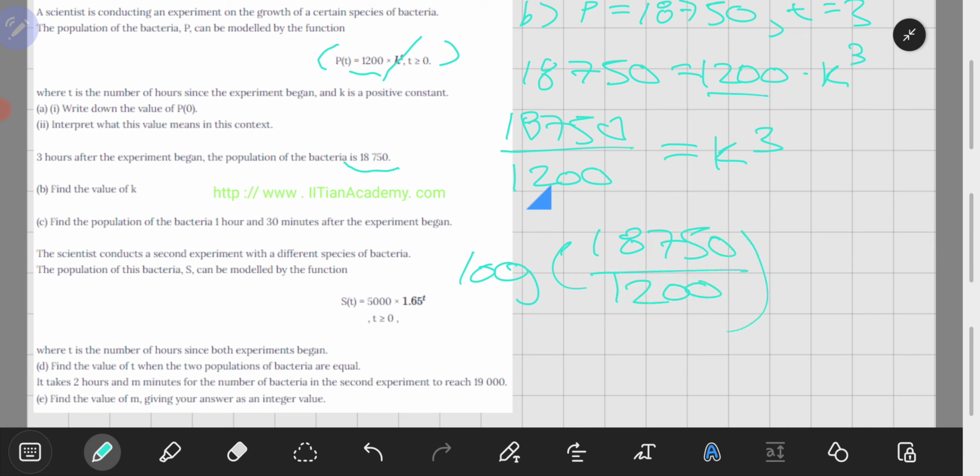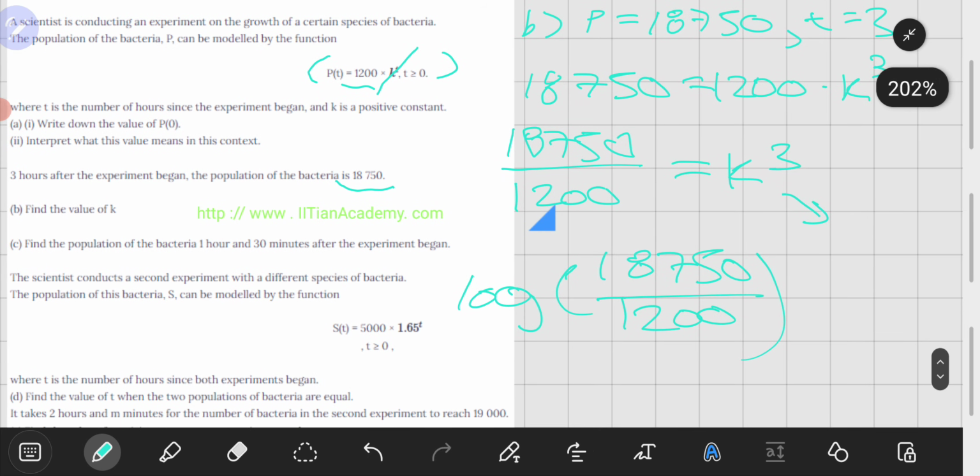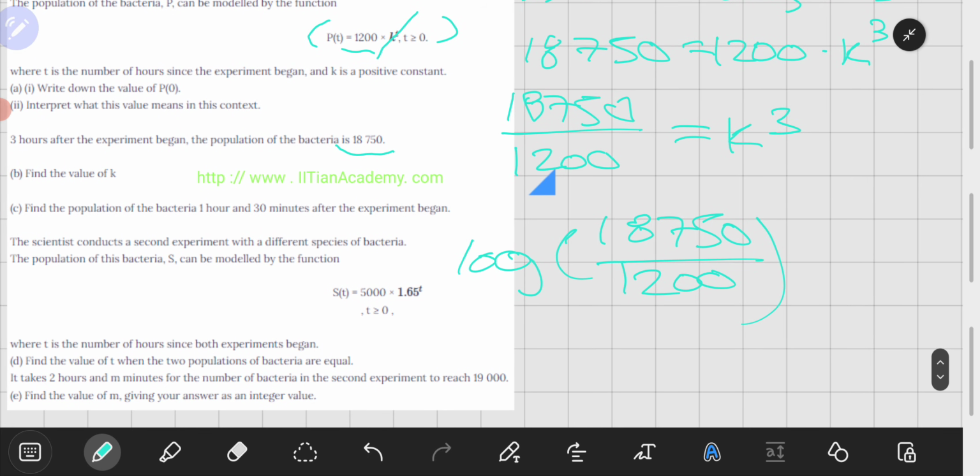And then when we take the log of K to the power of 3, we know by log rules that the power will be able to come in front of the K. This is what I'm saying, okay?